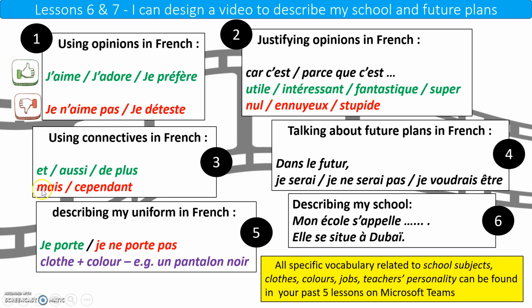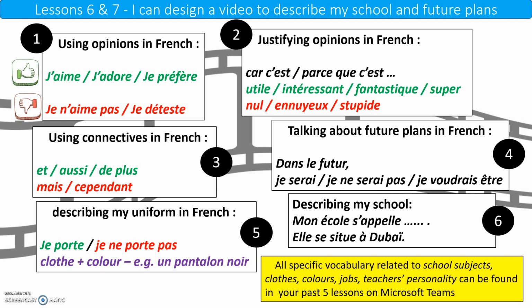Now, the other expressions I wanted to remind you about is when describing your uniform, you will need to use either je porte, I wear, or je ne porte pas, I do not wear. These are the expressions that we've looked at, so I would like you to include them. A last reminder about clothes and colors or adjectives.